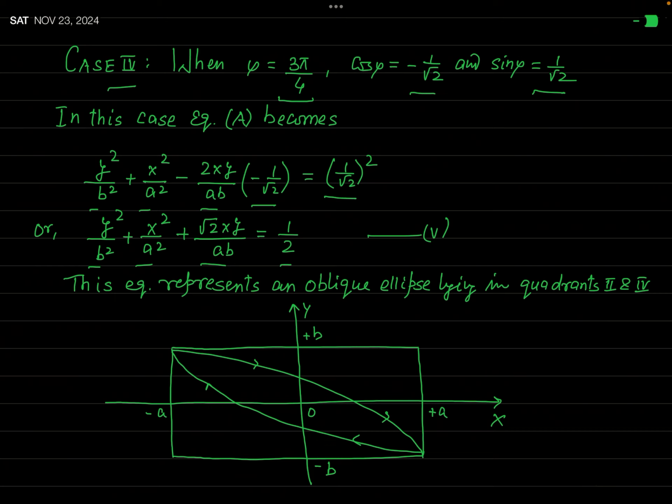Again you can see this equation represents an oblique ellipse as I have shown in this figure. So the Lissajous figure in this condition will be an oblique ellipse. And in this case the particle actually rotates along this ellipse in clockwise sense.